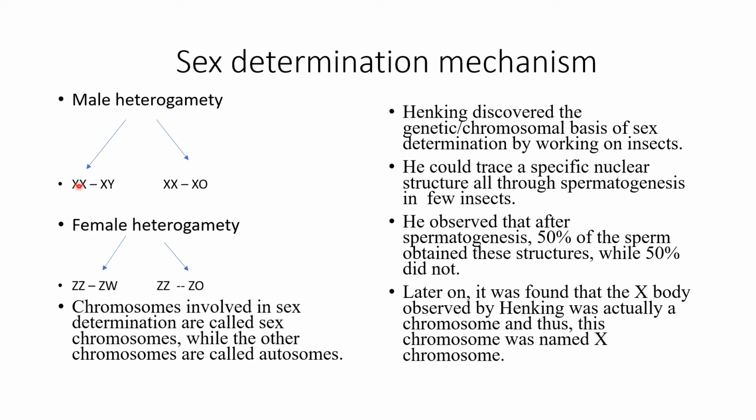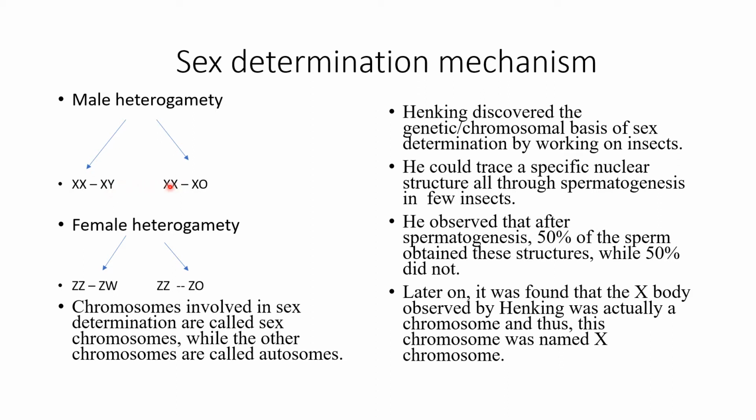See here, two examples are given, XX and XY. Can you identify this is human? XX chromosome is found in female, XY in male. So female can produce only X chromosome gametes, but male can produce sperm with either X or Y, so it is heterogamety.